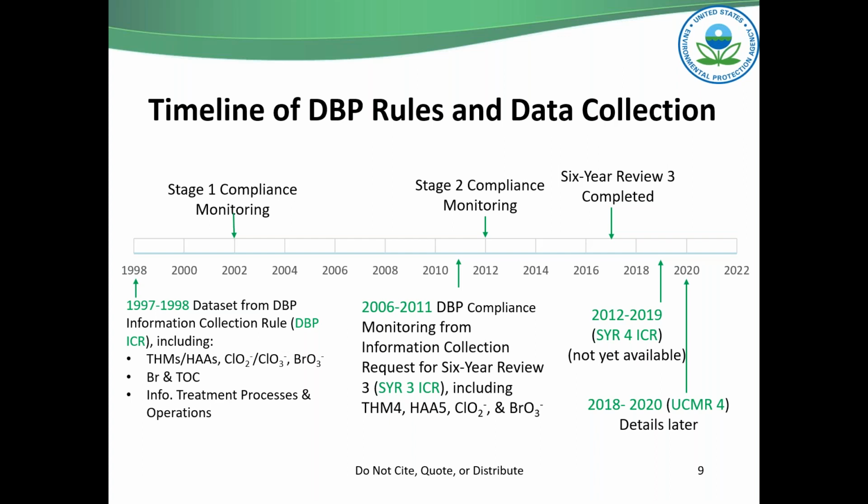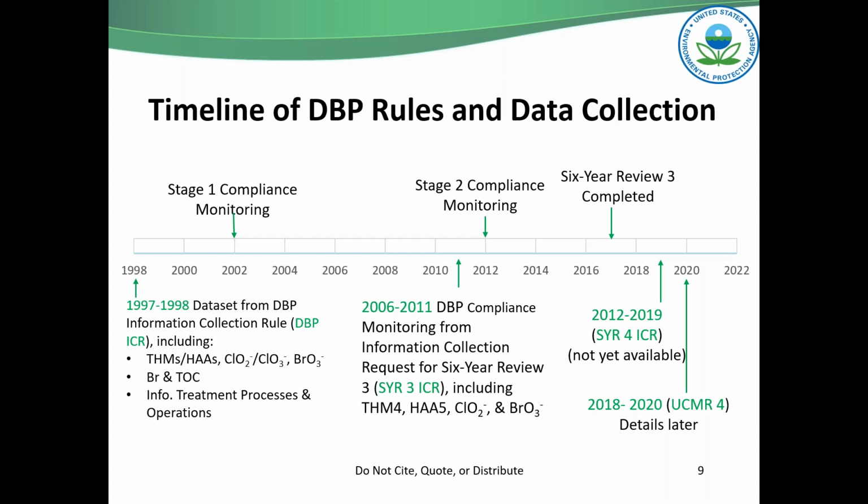Now this slide here is showing the timeline of the DBP rules and data collection. This is mainly a characterization of occurrence data that we consider when we develop new regulations. And we try to understand the baseline of what's going on subsequent to the compliance of a particular regulation.